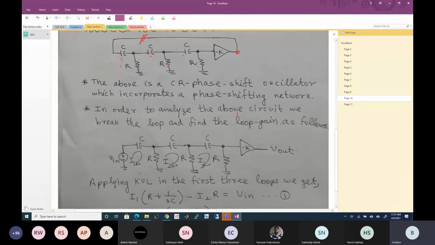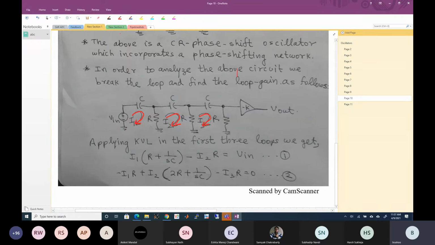Now applying KVL, we can apply KVL here, KVL here, and KVL here. So the loop equations can be written like this. I1 times R. Keep in mind the current flowing through R is I1 minus I2. So that's why (I1 minus I2) R, plus I1 times the impedance of the capacitor, equals Vin. That is the first loop.